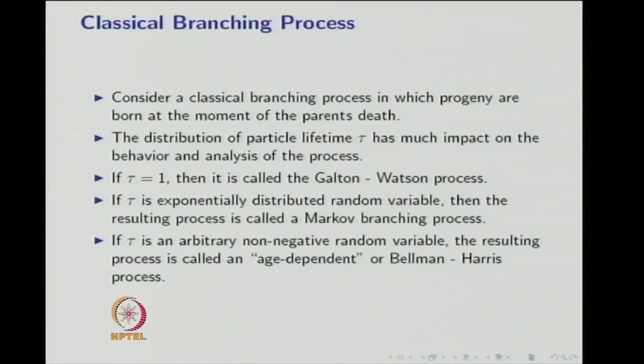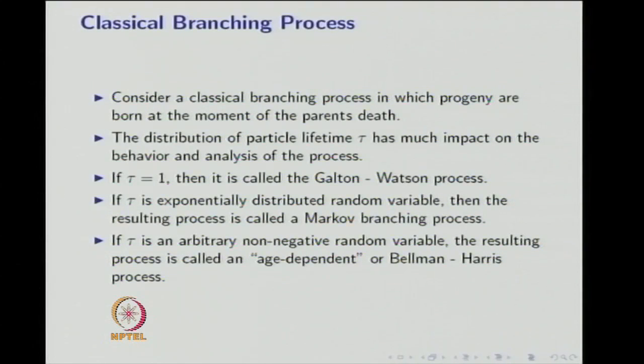Now we are going to discuss the classical branching processes. Consider a classical branching process in which progeny are born at the moment of parent's death. The distribution of particle lifetime tau has much impact on the behavior and analysis of the process.